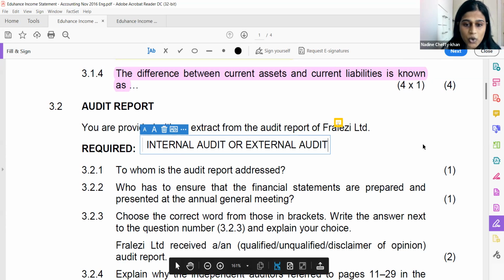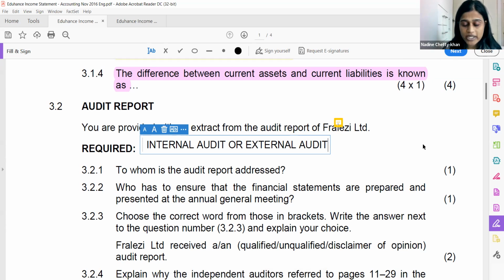Now with external audit, these are people that are not employed in the company. They work for an external company, and you'll hear probably common names like Deloitte, Ernst & Young, PwC. These are external auditors.